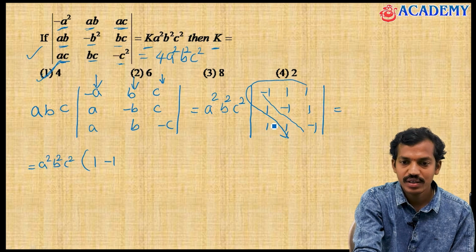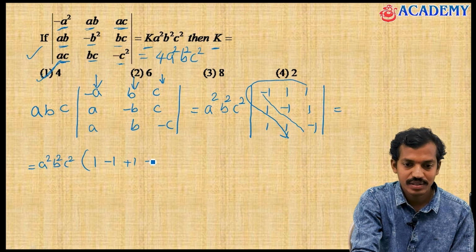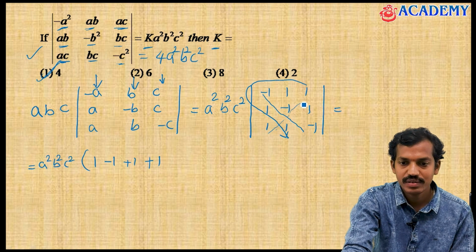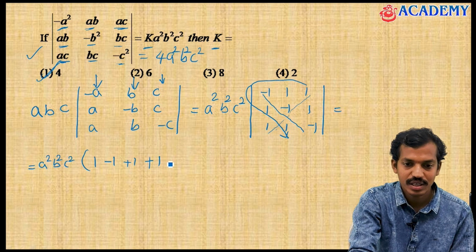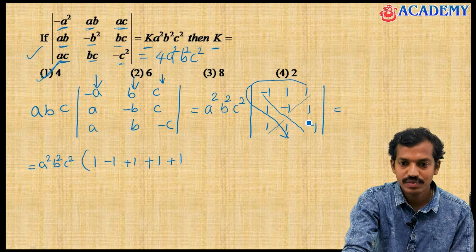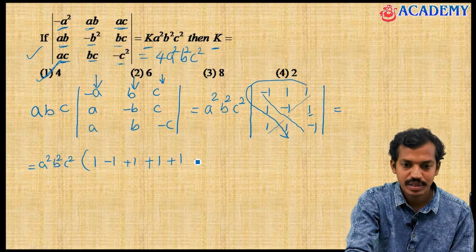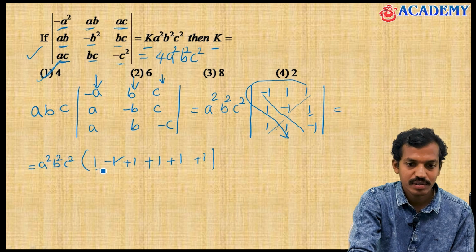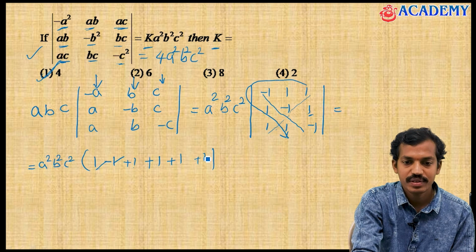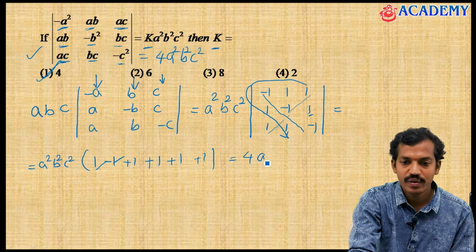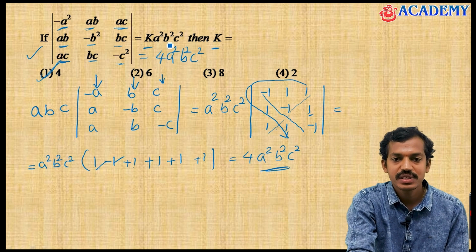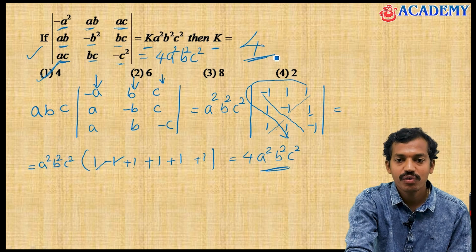Next, minus 1 into 1 into 1 and so on, each term adding up, with plus 1 minus 1 cancelling. Plus 1 plus 1 plus 1 plus 1 is nothing but 4, into a square b square c square. Simple, the missing k value is always going to be 4.